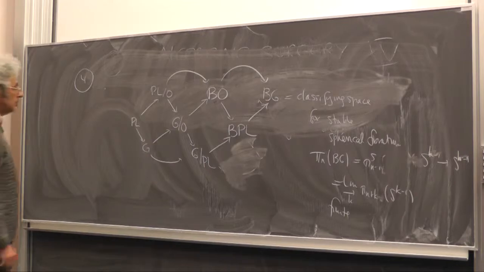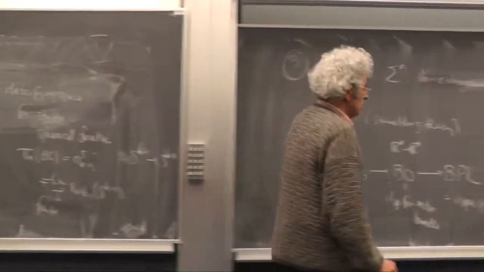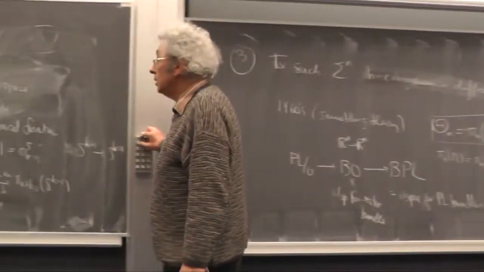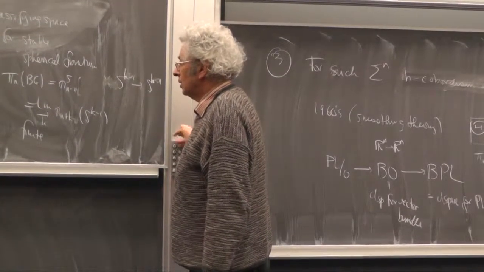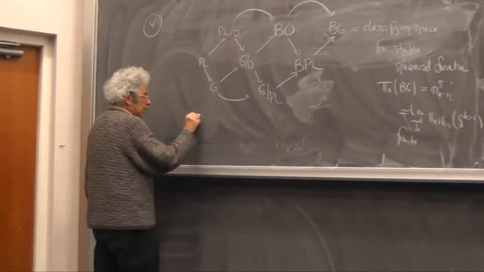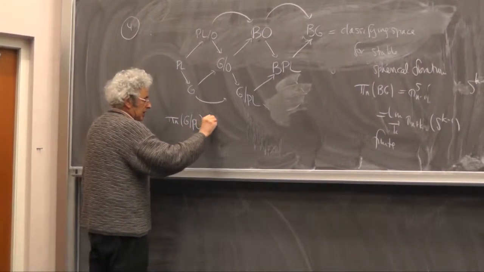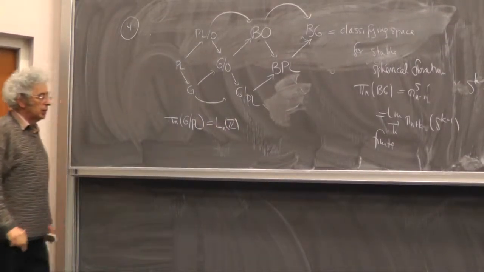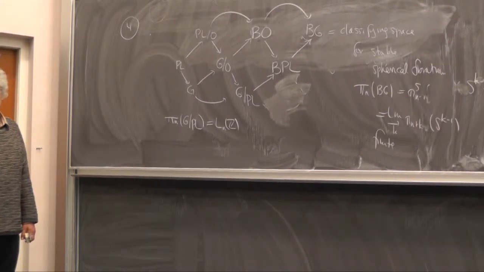Okay, so why does one know? What does this have to do with surgery theory? It's not entirely easy to explain why, except for one striking fact, which was essentially known to, again, like so much, Cavendish, that this weird group here, which looks just as weird as all the others, is actually a surgery obstruction group.